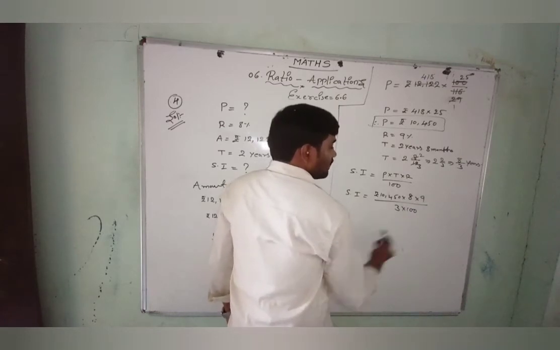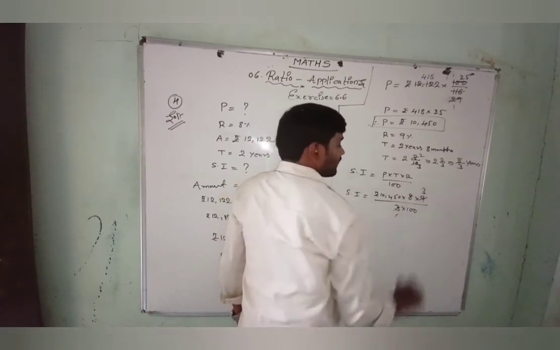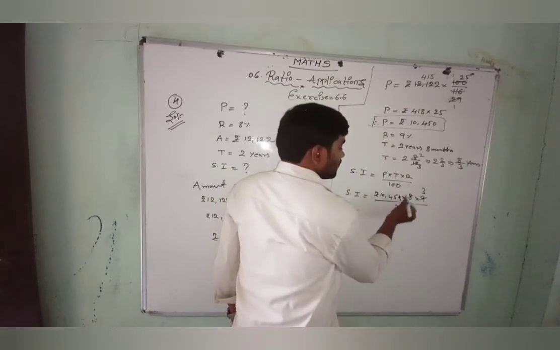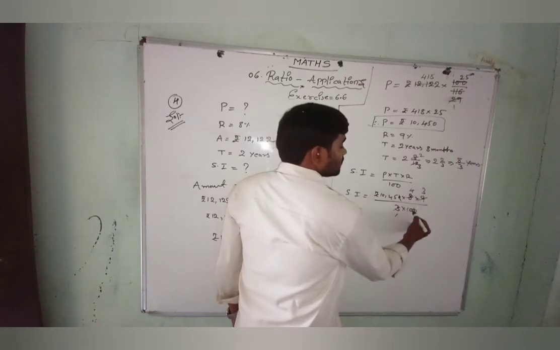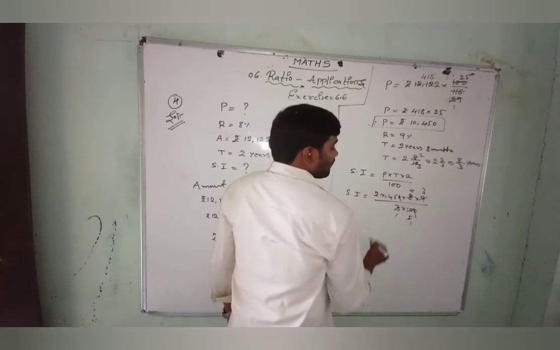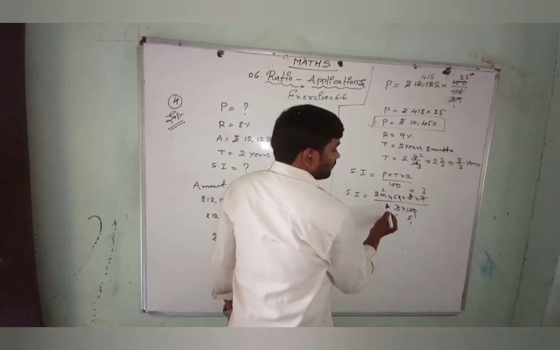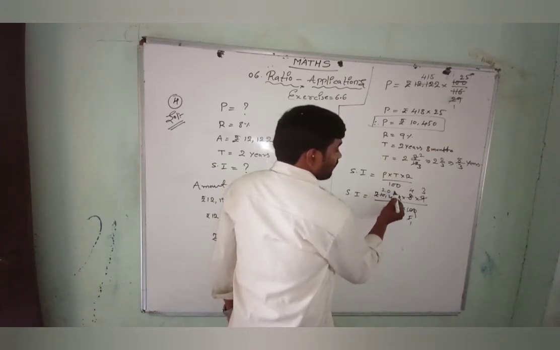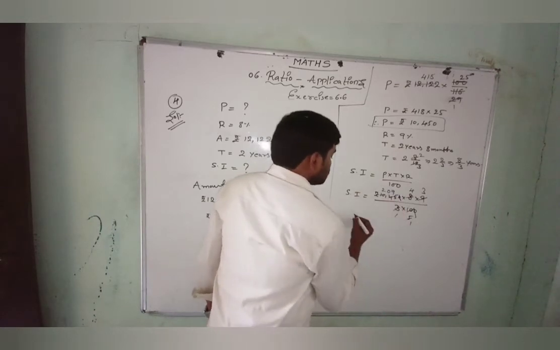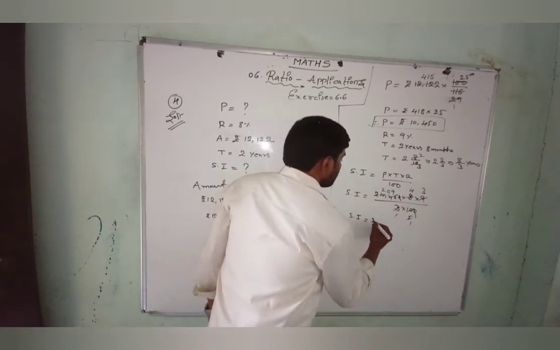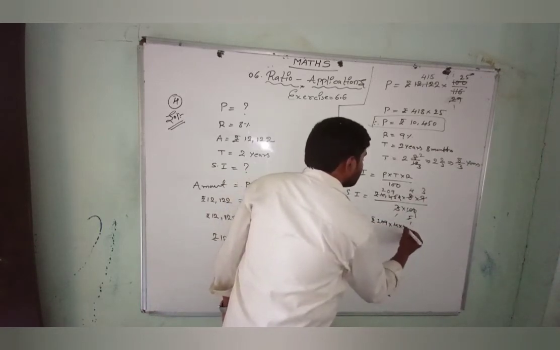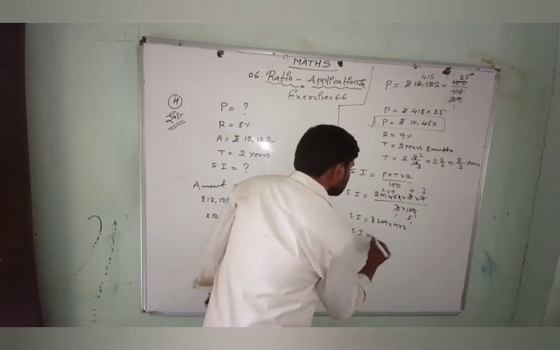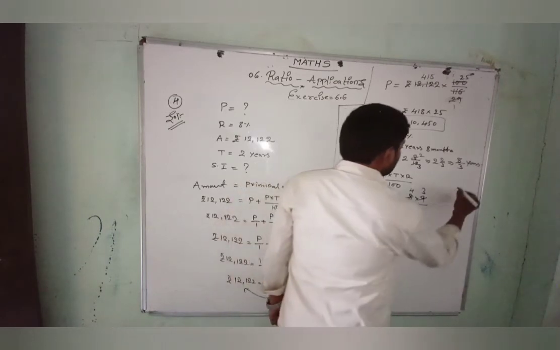Now we will cancel all this. 3 1s are 3, 3 3s are 9, and here 1 0, 1 0 cancel, and 2 4s are 8, 2 5s are 10, 5 1s are 5, 5 2s are 10, and 4 is here. In the 5 table 4 will not come, so 0. 5 9s are 45. So simple interest equals rupees 209 into 4 into 3.